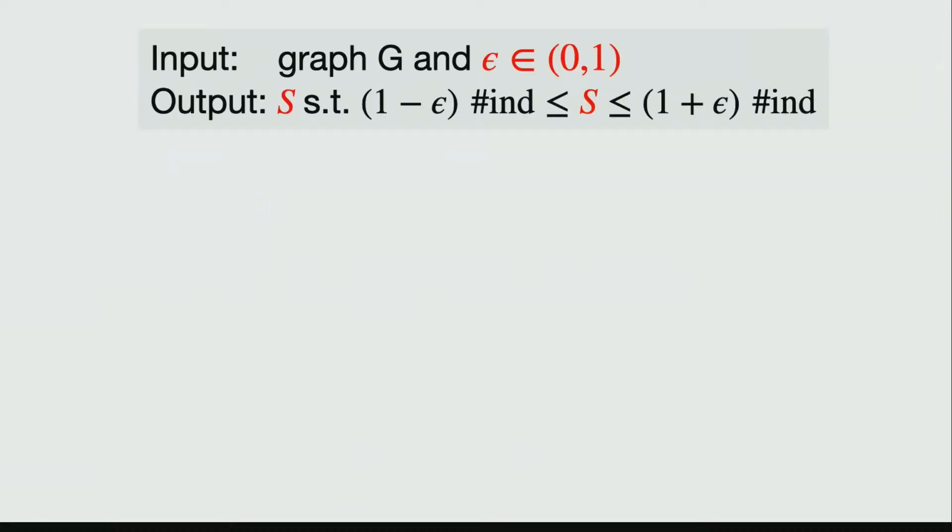And for that, the problem is defined as follows. As input, you receive the description of a graph G and a precision parameter epsilon, which is a real number between 0 and 1. And as output, you want to come up with an estimate S, which is equal to the number of independent sets up to a relative error epsilon.